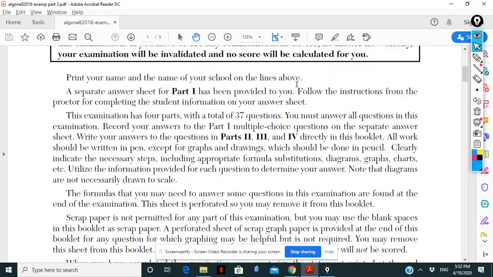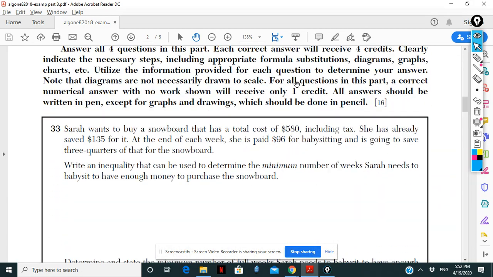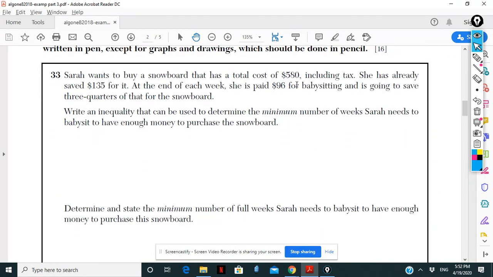We are in part 3. Now, Sarah wants to buy a snowboard that has a total cost of $580, including tax. She has already saved $135 for it.